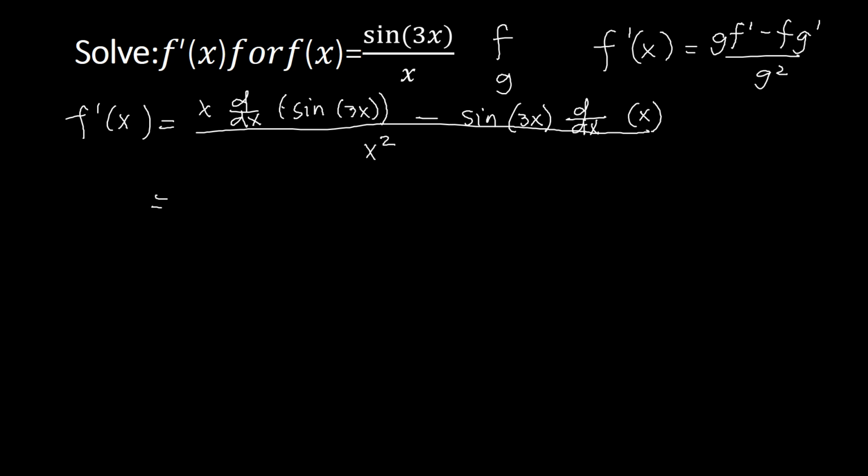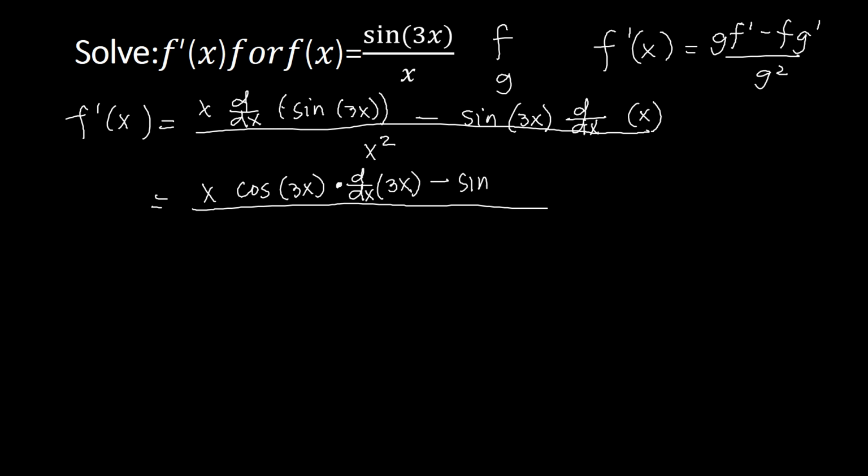Simplifying that, x times the derivative of sine 3x is simply cosine 3x. Notice we've copied the angle here, which is 3x. And since this is a 3x, we are going to get the derivative of that and multiply it to the result from a while ago. So the derivative of 3x with respect to x, and then minus sine 3x. The derivative of x is simply 1. And then we have x squared.